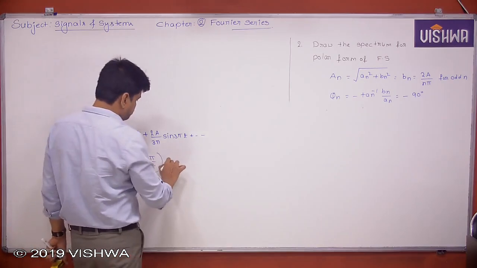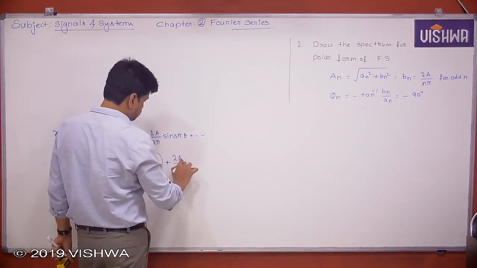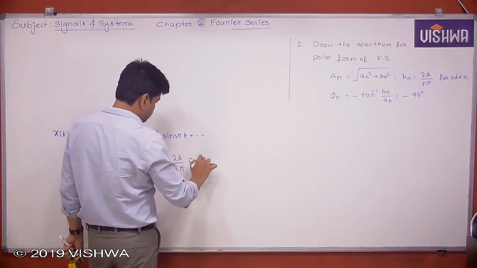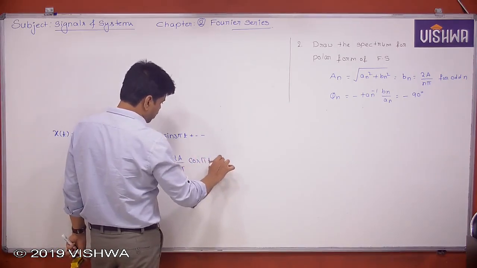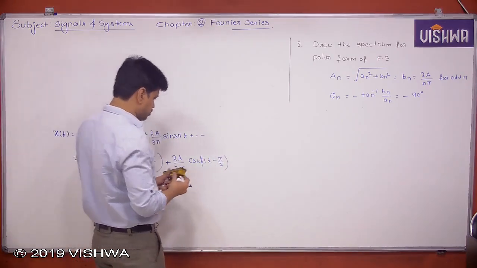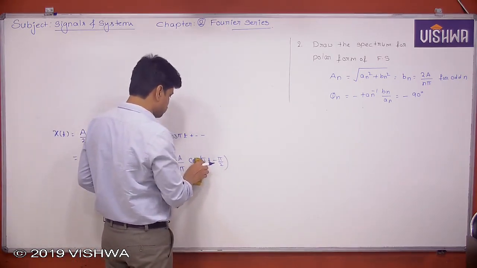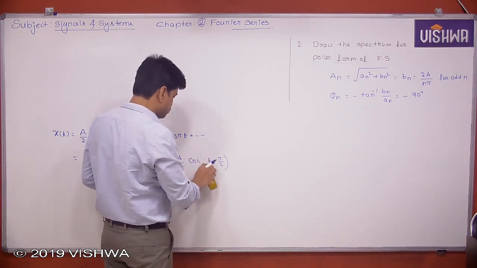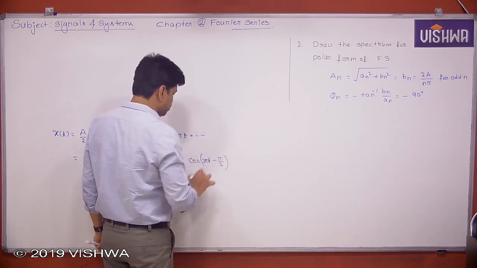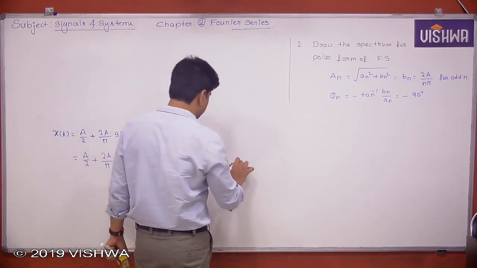Then 2a by 3 pi cos of 3 pi t minus pi by 2, like that. It will keep on going.